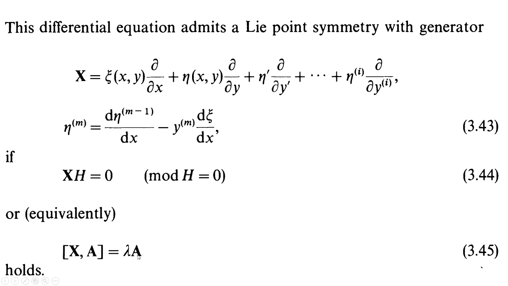So A operate on the first integral, or this operate on the first integral, both will give me 0. So whatever we did here is equivalently here.